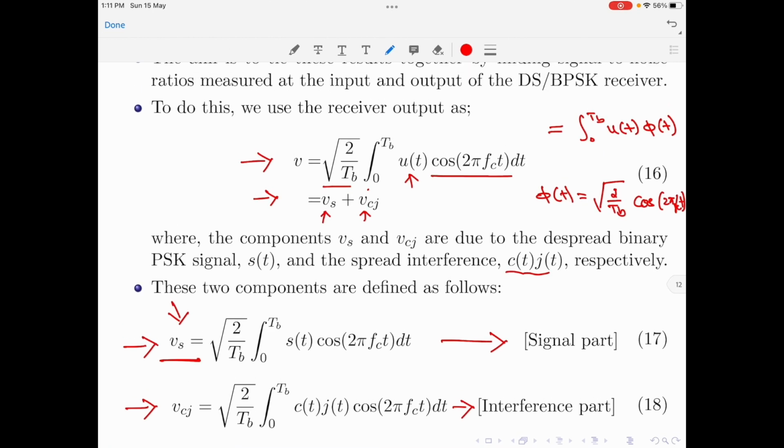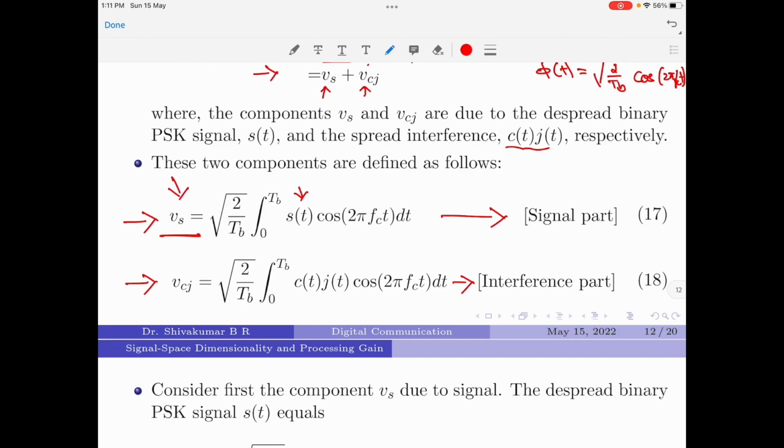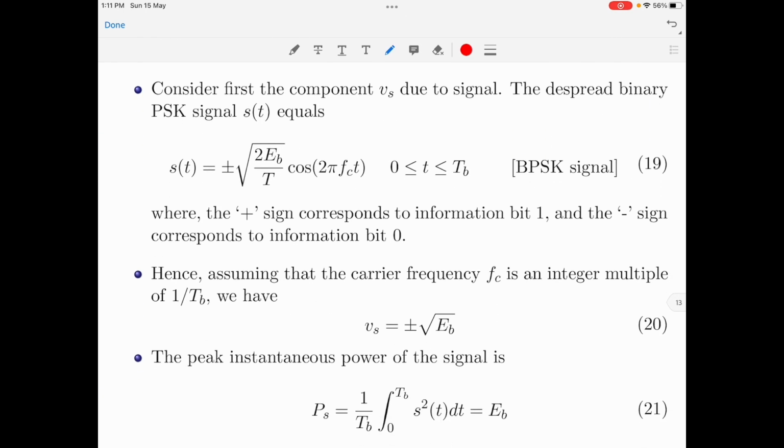The RHS of equation 17 has S of t, which is our binary PSK modulated signal. We already have given an expression for the same, and it is rewritten here as S of t equals plus or minus square root of 2Eb by Tb cos 2 pi fct for t varying from 0 to Tb.